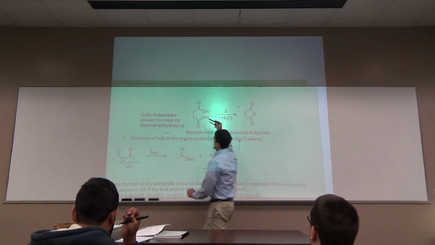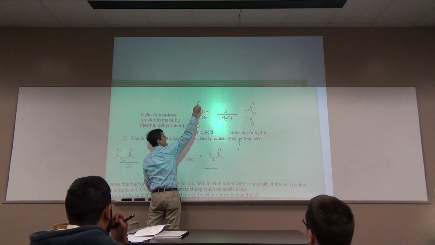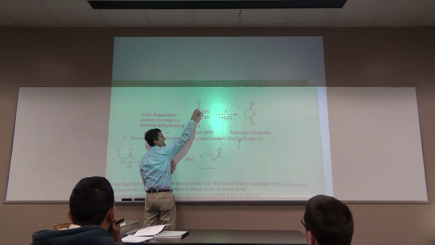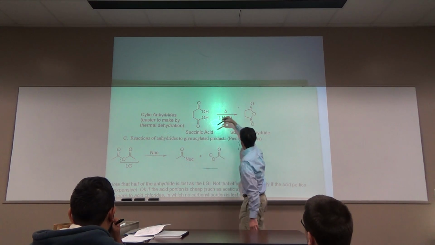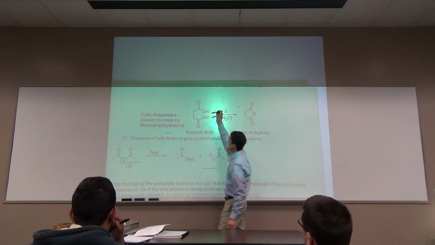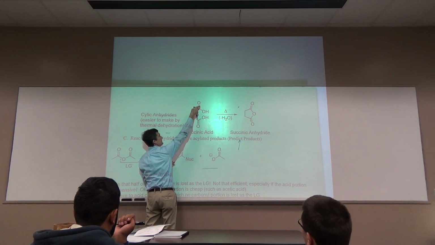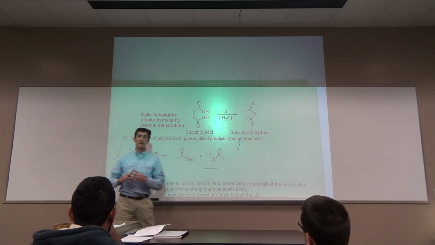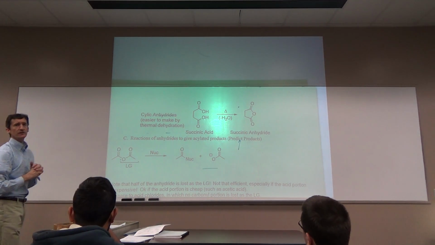Now, it's also common to see cyclic diacids. If you heat these, you'll get the anhydride made. It'll be a cyclic anhydride. The oxygen bonds to the other carbonyl and you lose water. A cyclic anhydride. This is actually a very common reaction.